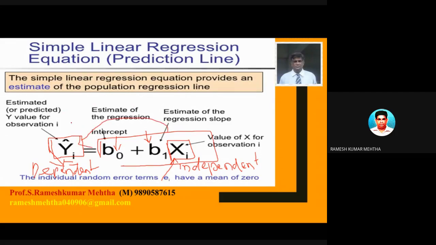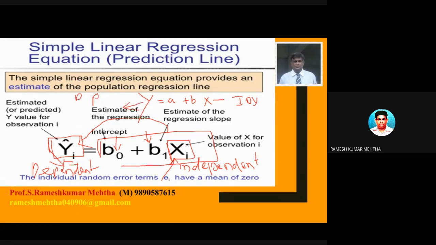If you are finding it difficult to remember this formula, just remember: y is equal to a plus bx, where x is the independent variable and y is the dependent variable.